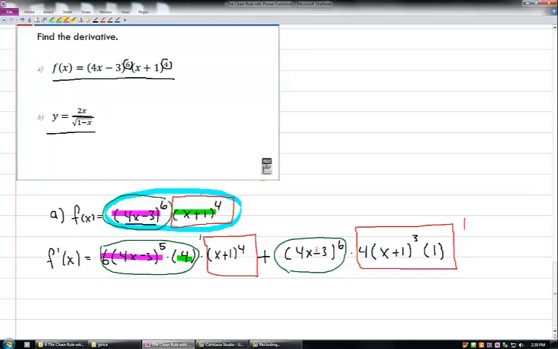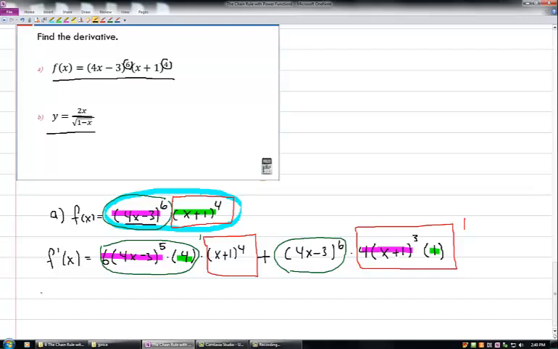And then over here, on the derivative of the second function, I'm using the chain rule again. This is the derivative of the outside, and then this is the derivative of the inside. So this is really a product rule with a chain rule inside it. Let's take a look at part B now.